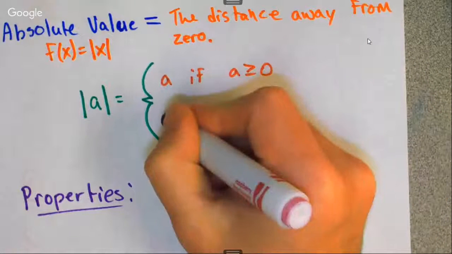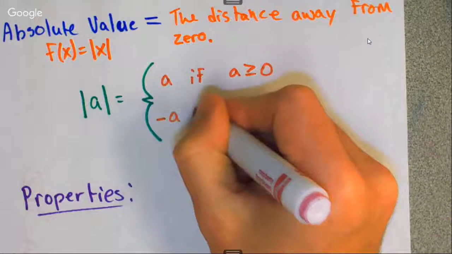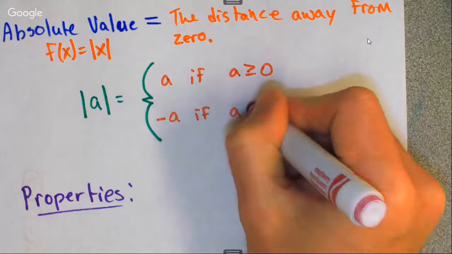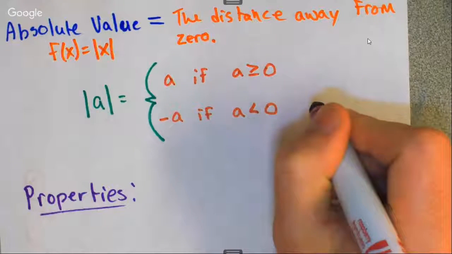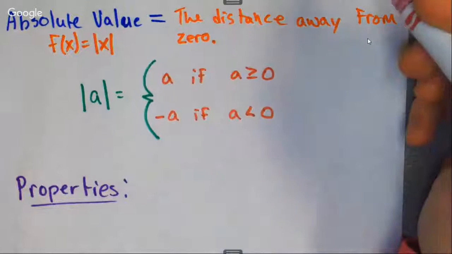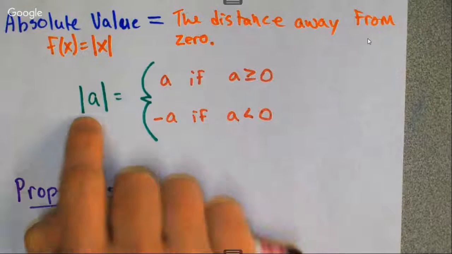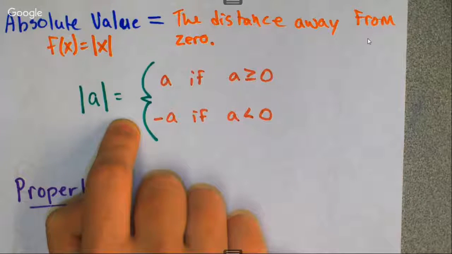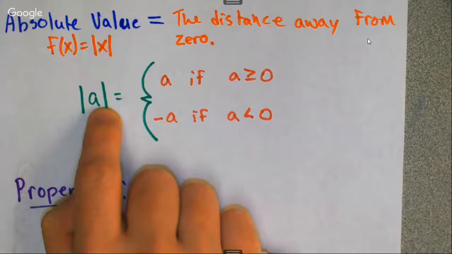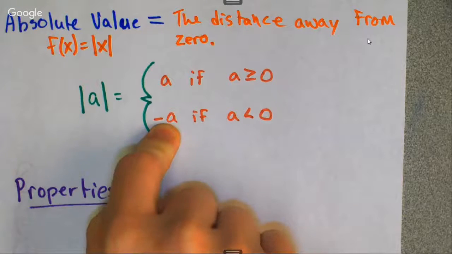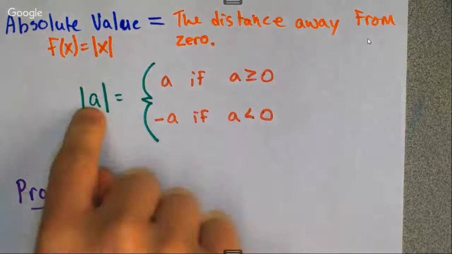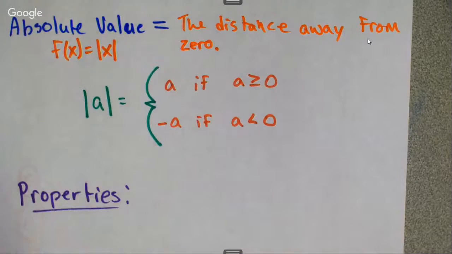The absolute value of a is minus a if a is less than 0. Basically all this is saying is if a is a positive number, then that's what the absolute value of a is. But if a is a negative number, then you want the opposite of a. And if a is 0, then the absolute value is 0.